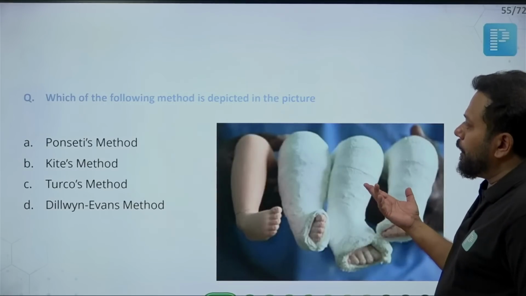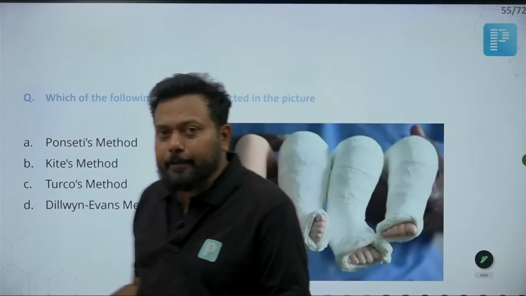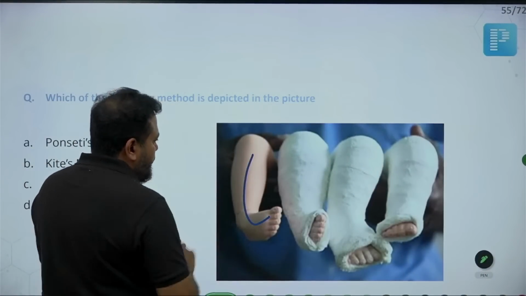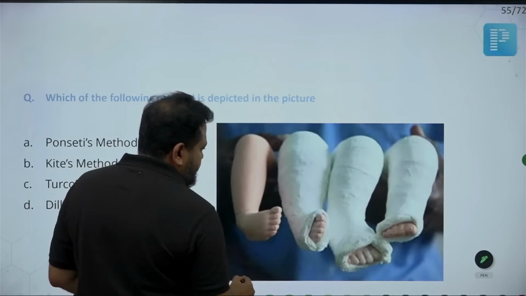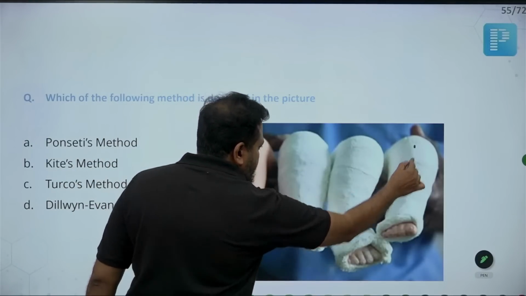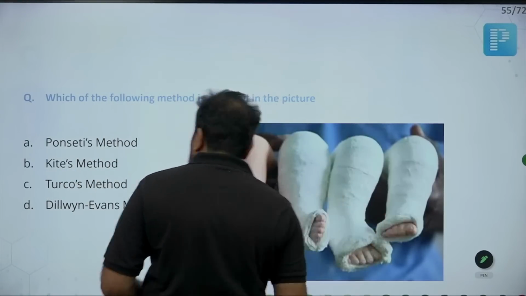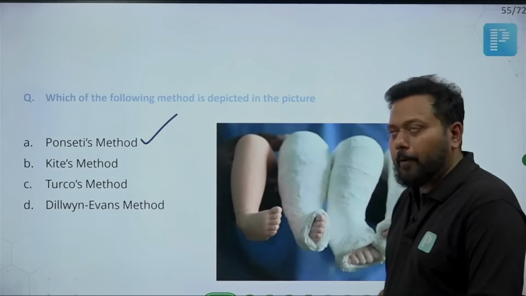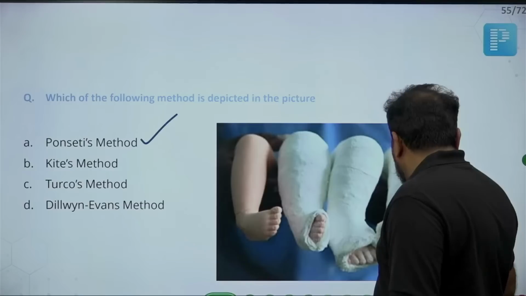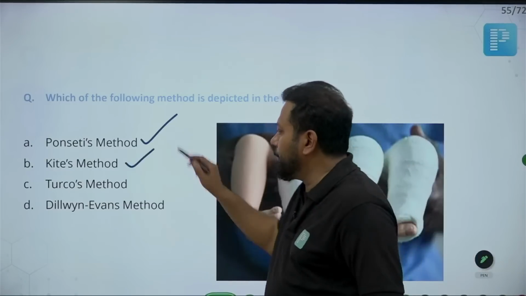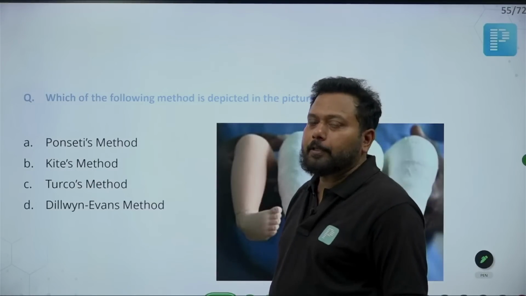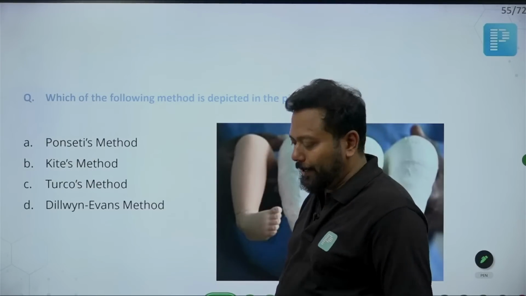Look at which of the following methods is depicted in the picture. Obviously this is a club foot. Slowly it is corrected and made straight. This is the classical Ponseti's method. Ponseti's method and Kite's method are both manipulative, corrective methods for CTEV, congenital talipes equinovarus.